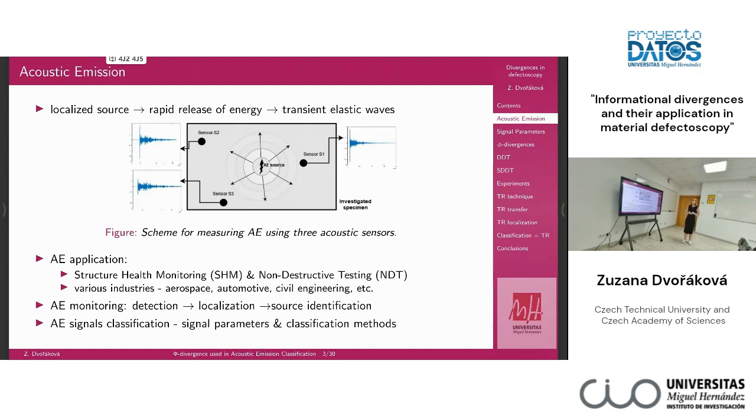What does it mean? Not only cracks produce acoustic emission. Acoustic emission is, you can imagine, like a sound in the materials, like a speech of the materials. So every material produces some kind of acoustic emission, and we can measure different types of it, and only some of the signals are coming from cracks. It is important to distinguish whether the signals are coming from cracks or if somebody is knocking on the materials or something like this.